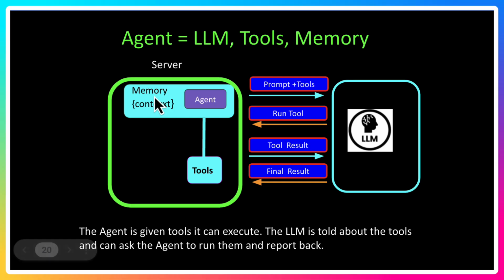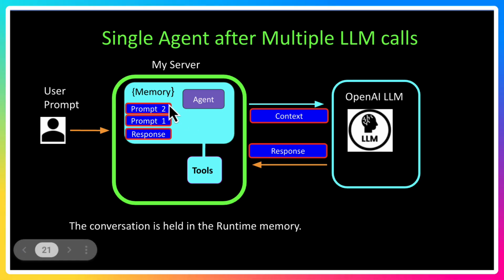Now, we can store all of these messages in the context window in memory. So here I'm showing the agent's memory, that we've got the prompts in it and we've got the tools, and now all of this conversation can be put into the context window and passed to the LLM along with a prompt that will ask the LLM to do something for us. So we'll see that handling this memory is one of the things that we need to take care of.